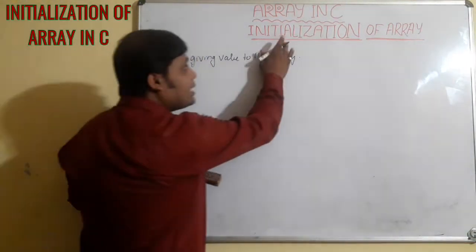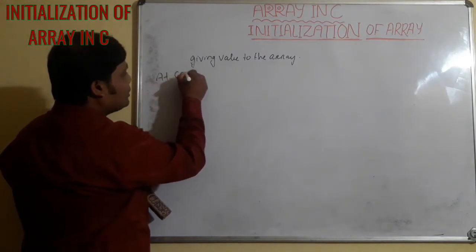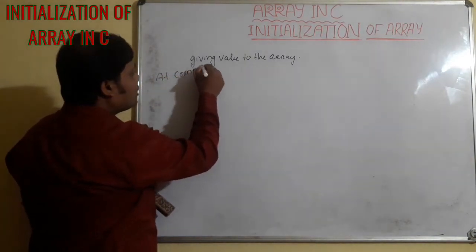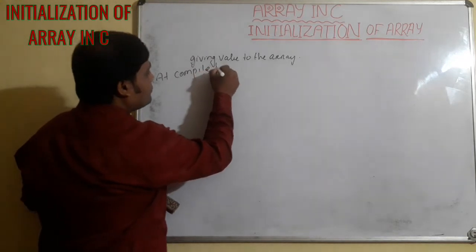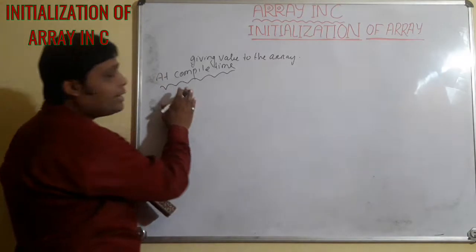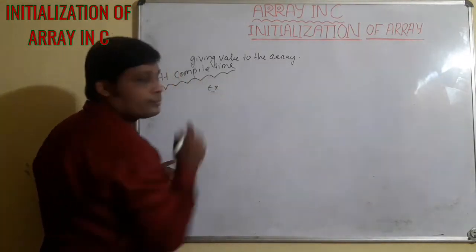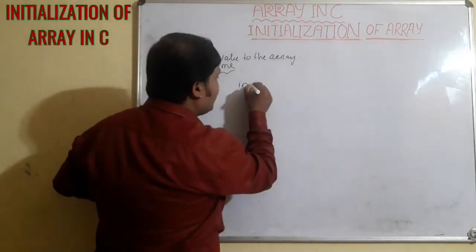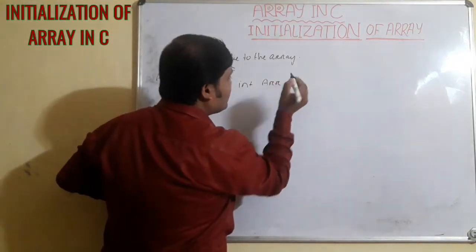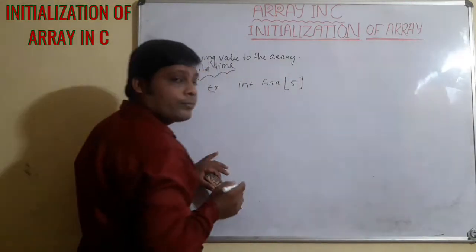We can initialize an array at compile time and also at run time. First, just see how we can initialize an array at compile time. Clear? Just see one example. Suppose int ARR, I am declaring the size 5.